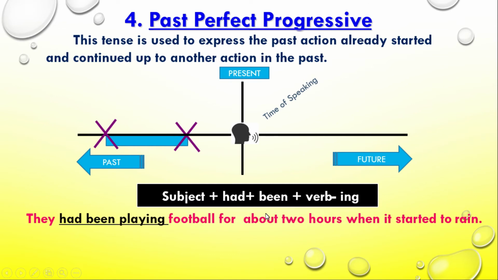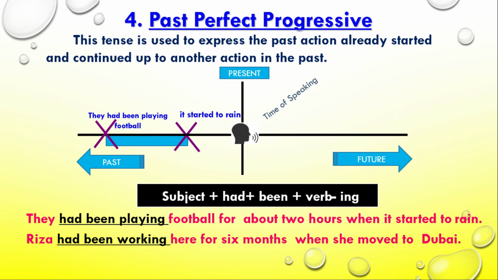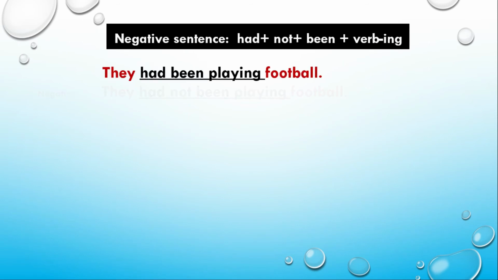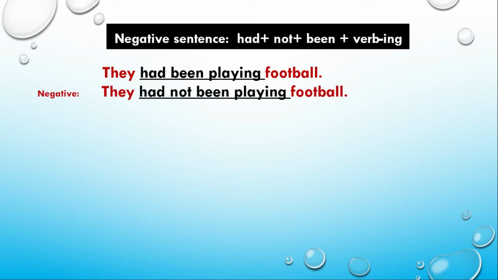See the examples. They had been playing football for about 2 hours when it started to rain. Riza had been working here for 6 months when she moved to Dubai. I had been making a cake for a long time. Now see how a negative sentence in past perfect progressive tense is formed. They had been playing football.